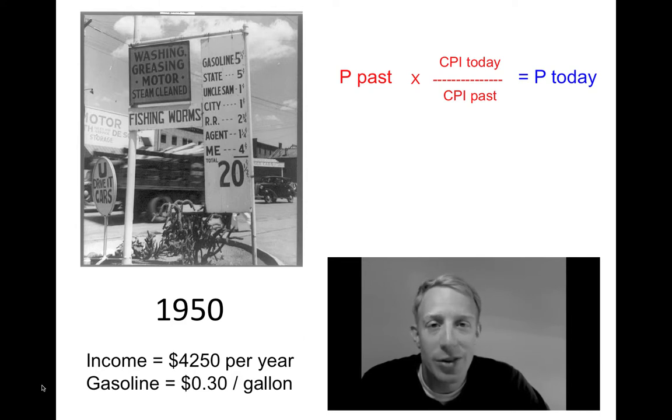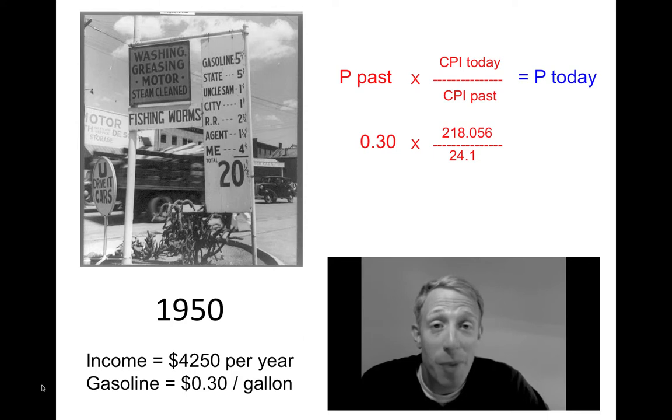So we'll put 30 cents in the price from the past, and we're going to multiply that by the CPI today. The CPI today is about 218.056. The CPI in 1950 was 24.1, which means prices were a lot less back in 1950.